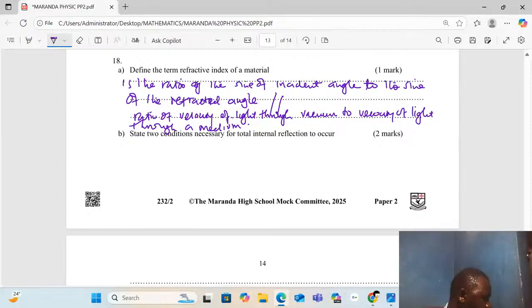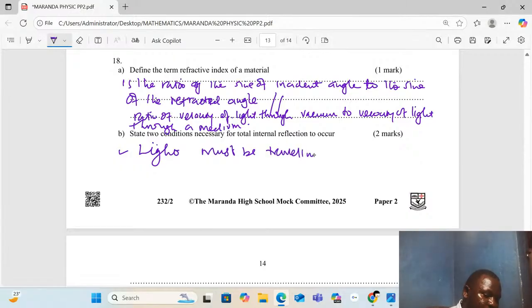The first one is that light must be traveling from an optically denser medium to a less dense medium.